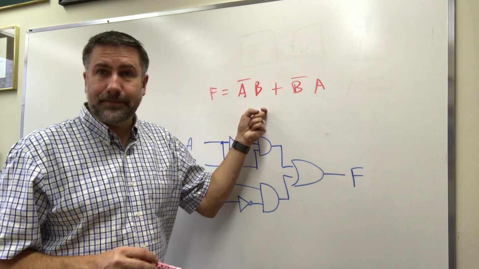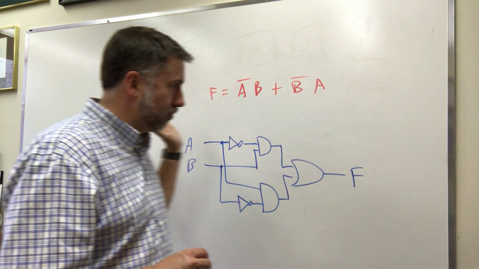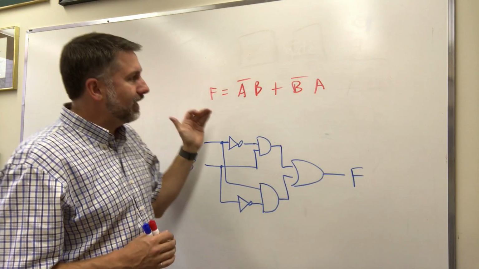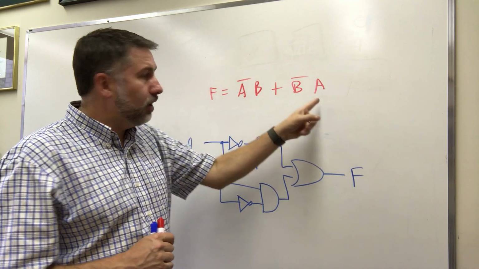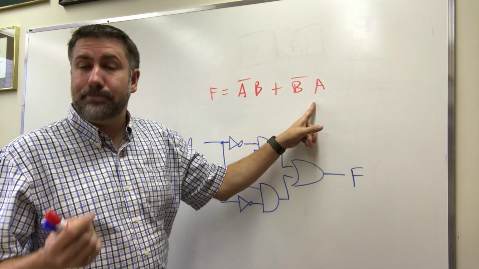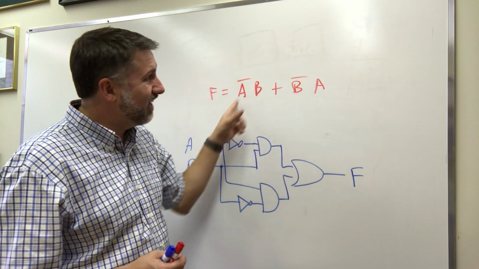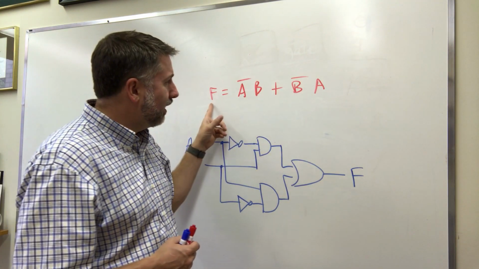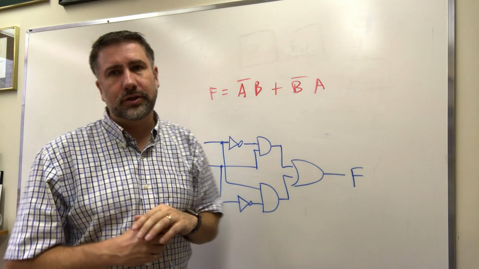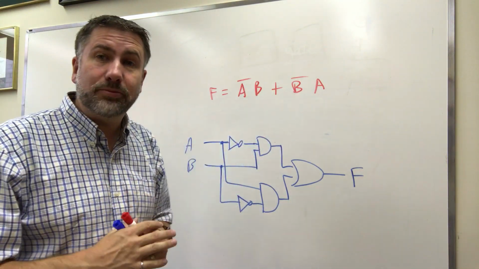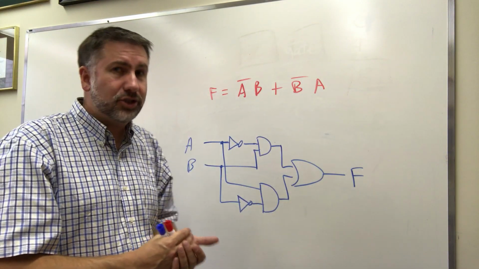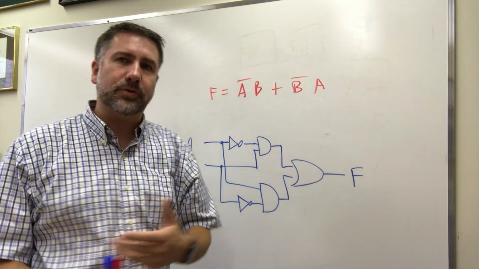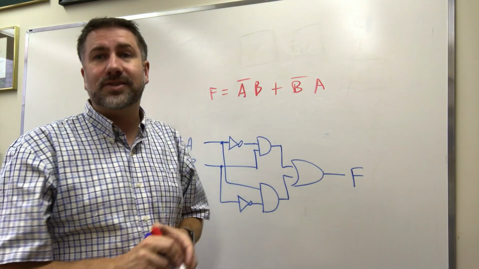However, these can get pretty complicated, right? If you just put random connections down, they can get pretty complicated, and we already know that there are only 16 possible functions of two variables, and this wasn't one of them. So is there a way to take an algebraic function of any number of variables and simplify it? Just like we did in high school algebra, can we take an algebraic function and simplify it?